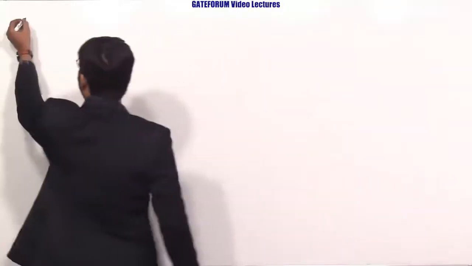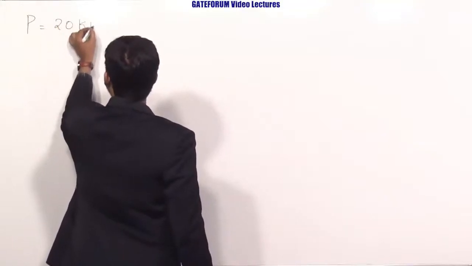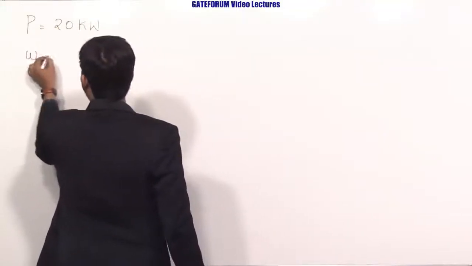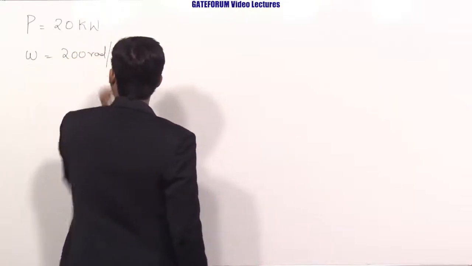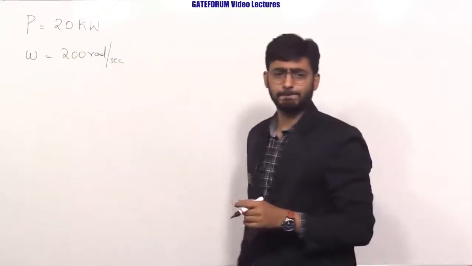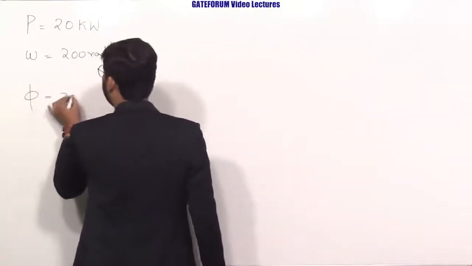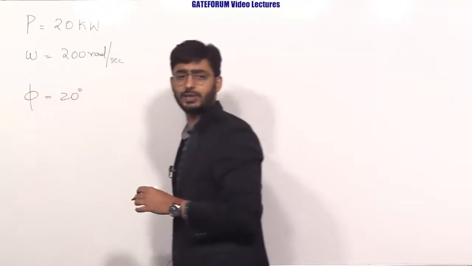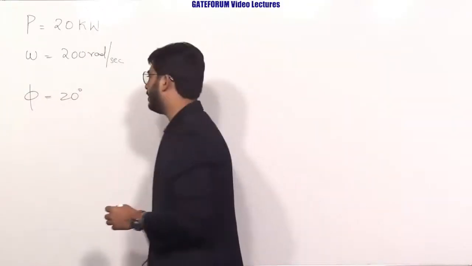So now, power transmitted is 20 kilowatts at a speed of 200 radians per second. Here the pressure angle is given as 20 degrees, and the pitch circle diameter is 100 mm.